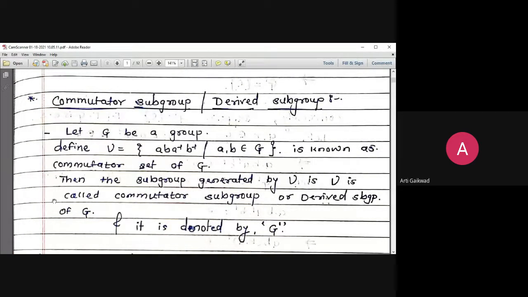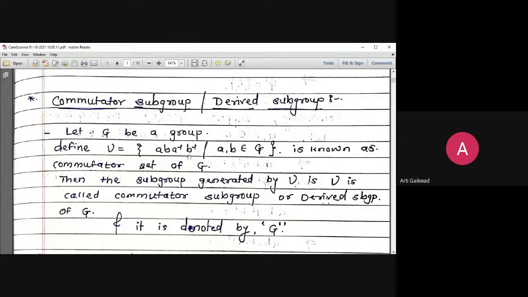Here U is the set of the form a b a inverse b inverse, where a and b belong to G. Take any two elements from G, suppose a and b. Then we take a b a inverse b inverse. Whatever the composition or product of these terms, it will be an element of U. So any element of U is in the form a b a inverse b inverse.